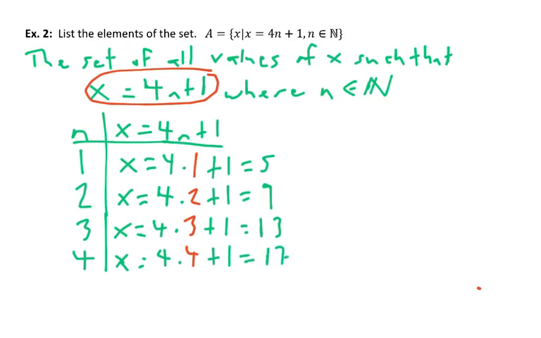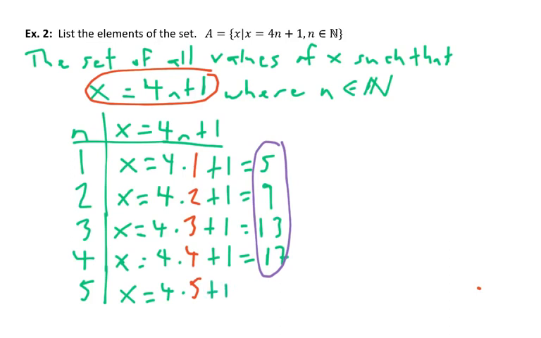You're generating a set of numbers based on this rule in set builder notation. The elements of the set are these values, and they would continue on. So for example, we'll do one more here. If n is 5, x would be equal to 4 times 5 plus 1, that's 21.